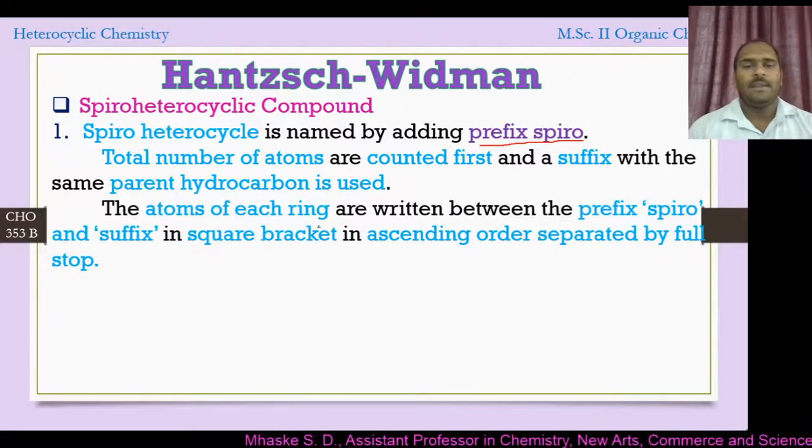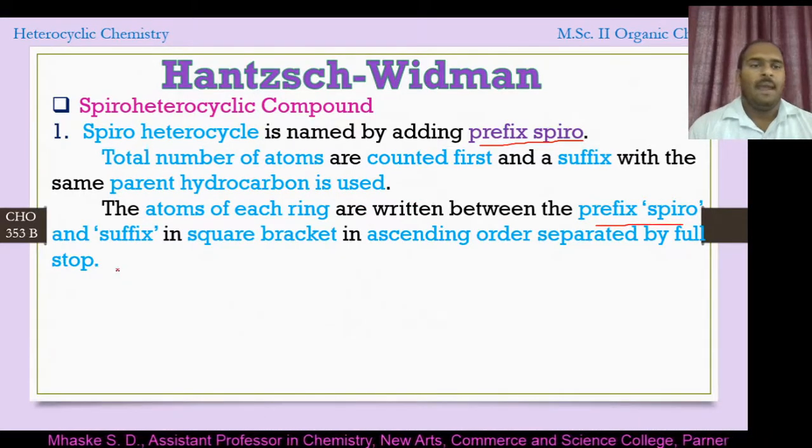The atoms of each ring are written between the prefix spiro and the suffix.